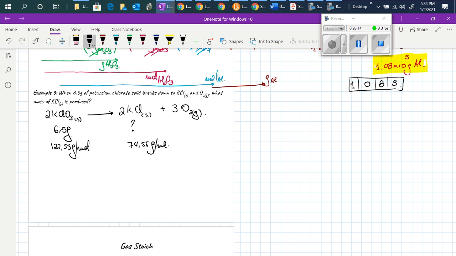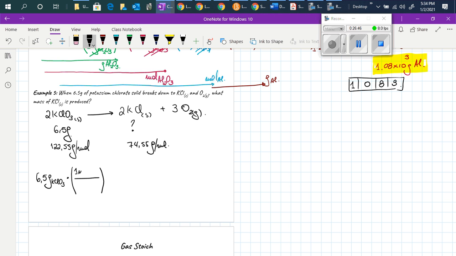The way that I'm calculating is, I look at the formula, and I have 1 potassium and 1 chlorine, and I add them together. Okay, so I will start with what is given: 6.5 grams of potassium chlorate.